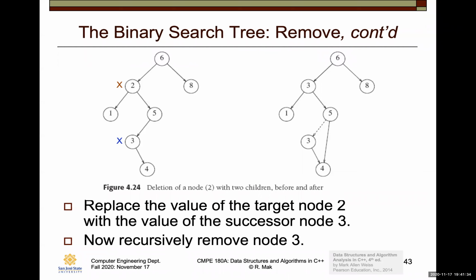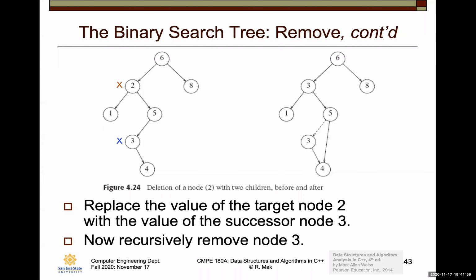So what we're gonna do then is replace the value 2 with the value 3, so now the 3 is up here, okay? And then we have to remove the successor node, okay? However, because this was a minimum value of a subtree, we know it does not have a left child.